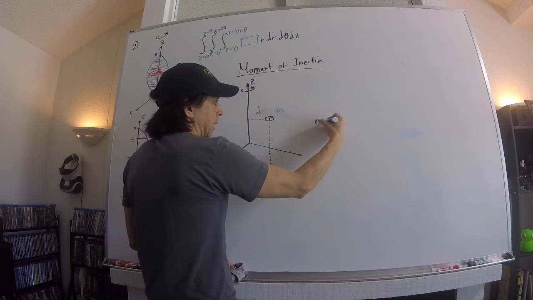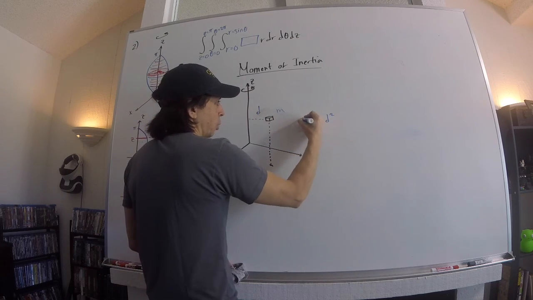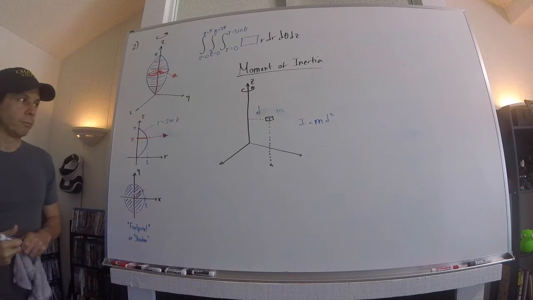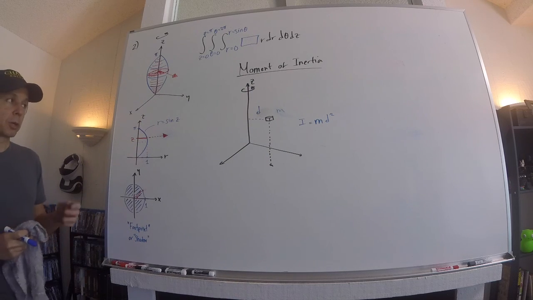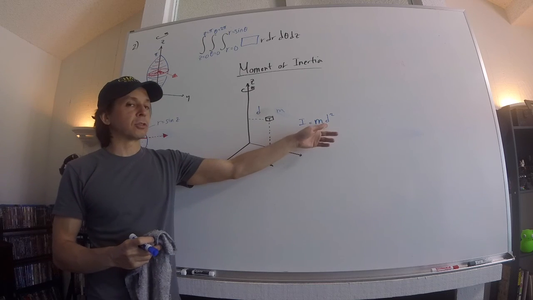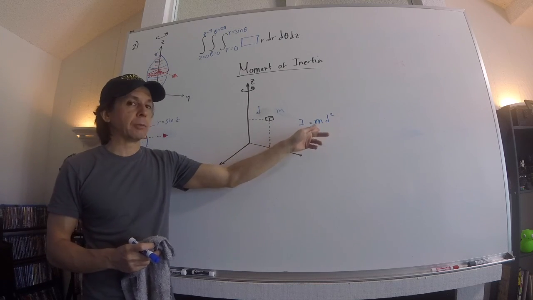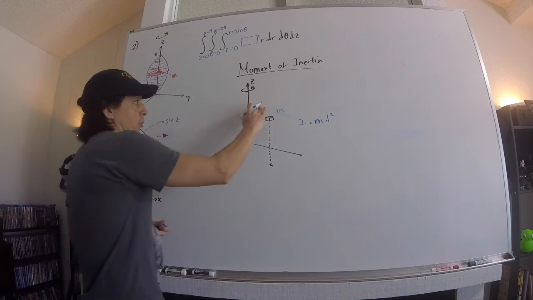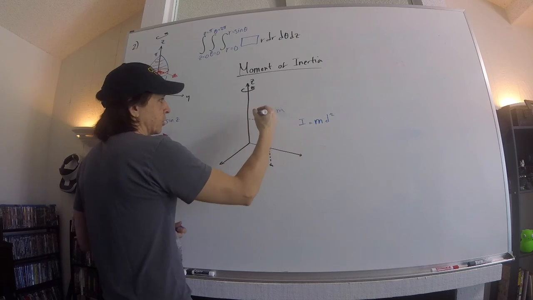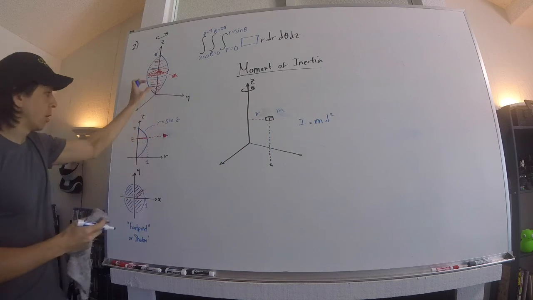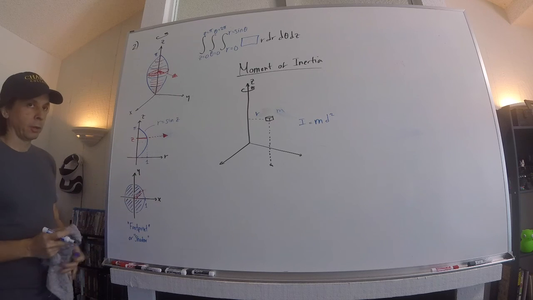And it's going to be the mass times your distance squared that is your moment of inertia. I'm going to rewrite that in terms of the variables that we're going to be using. That's the idea. Just the radius squared from the axis of rotation times its mass. Going to what we're going to be doing. That distance is the radius, literally the r in our, what do you call it?